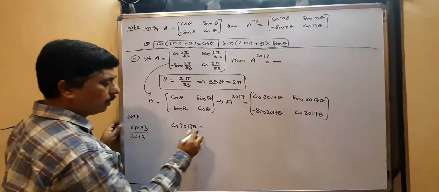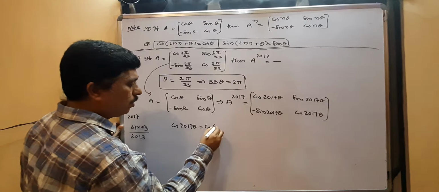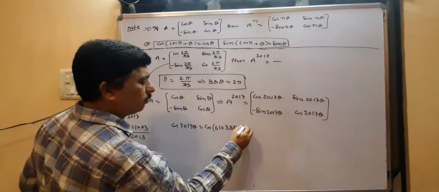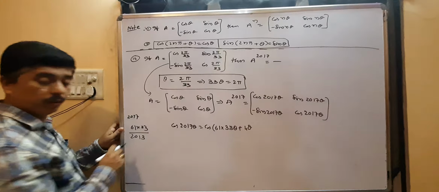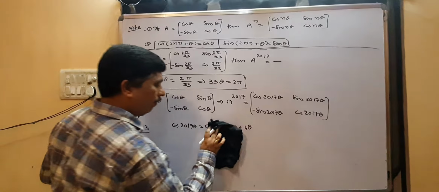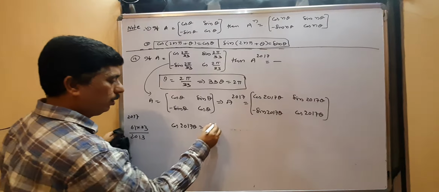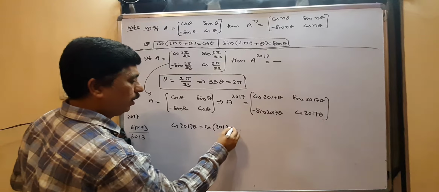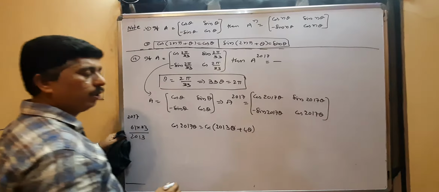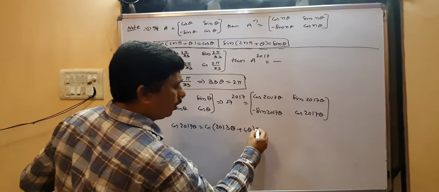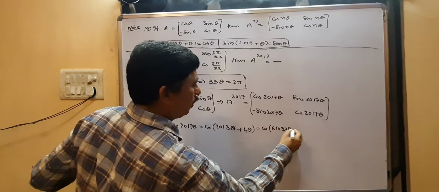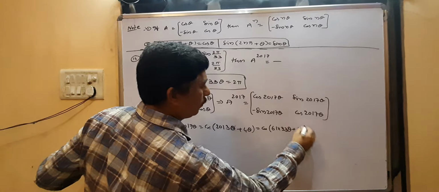So this 2017 theta will be cos of 61 into 33 theta plus 4 theta, that is 2013 theta plus 4 theta.